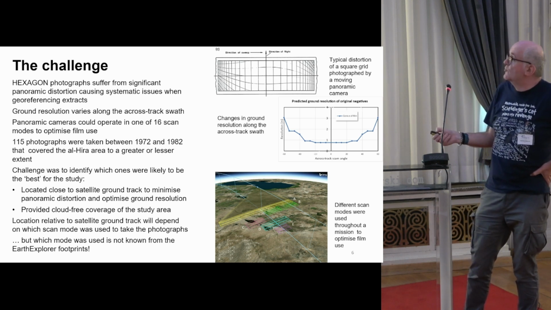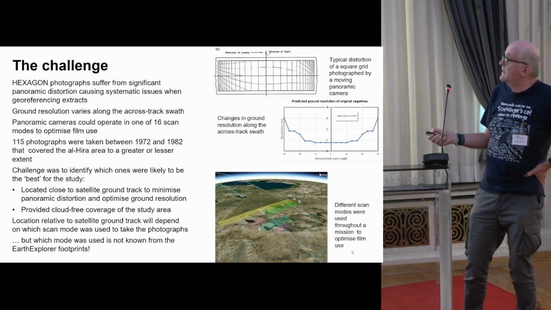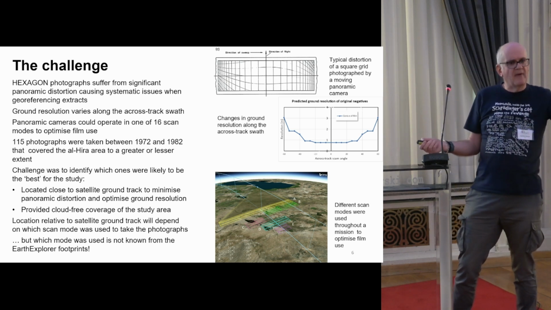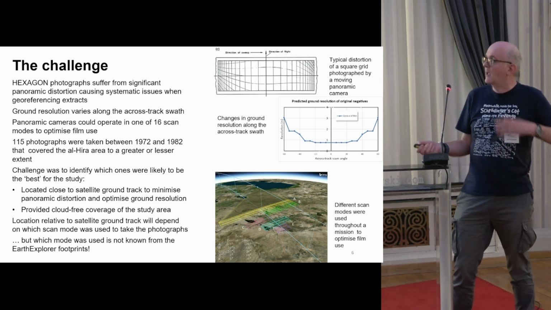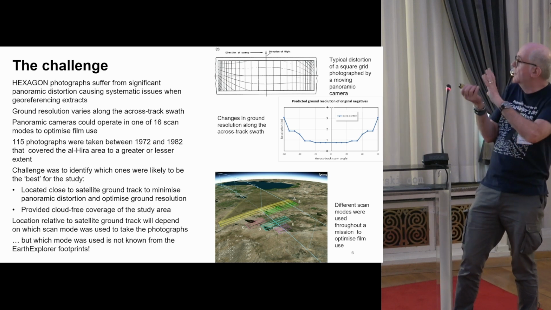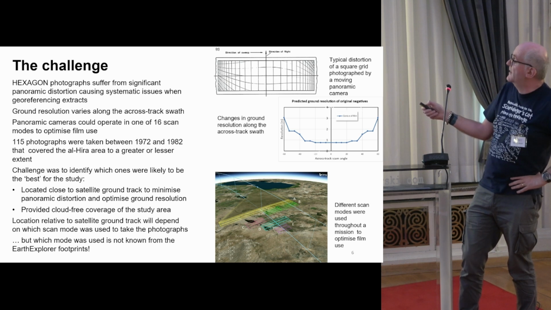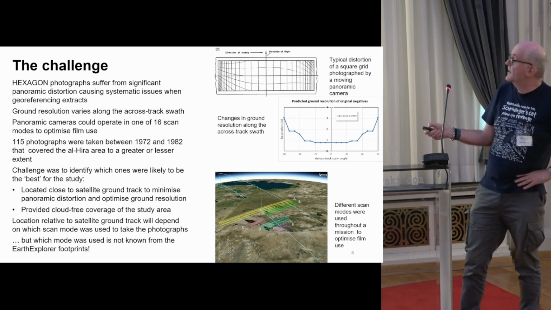This beast is traveling at around 20-odd thousand kilometers an hour overhead, 9 kilometers a second. So there's huge image motion that has to be compensated for, that results in huge distortions.